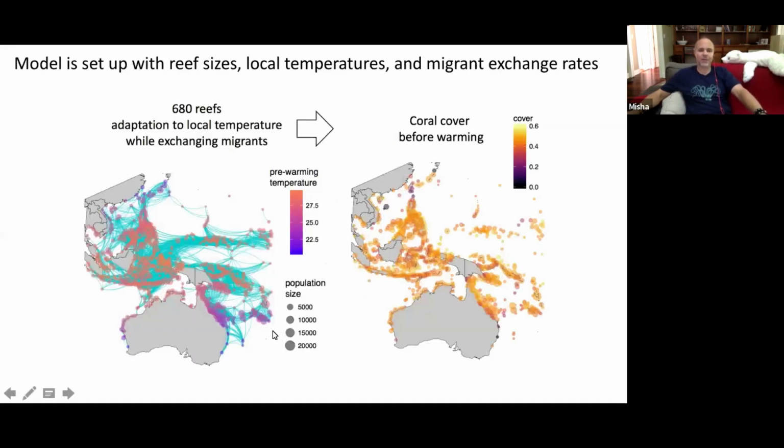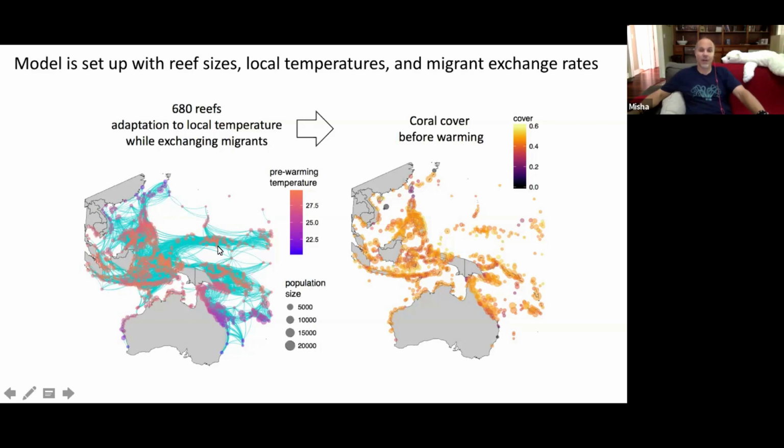Here is the map. Everybody loves maps, so I try to stick as many maps in my talk as possible. So this is what we model. We have coral populations across this central Indo-West-Pacific area where the coral triangle is. Populations are different size depending on the reef area in that particular location. They are set at particular local temperature, which is what the temperature is right now. You can see this as colors.